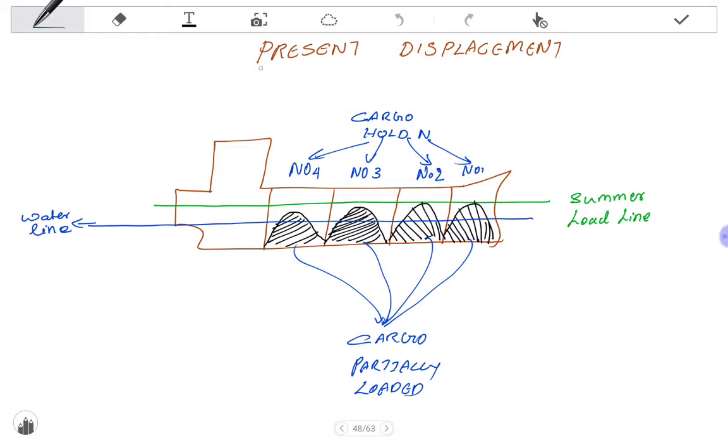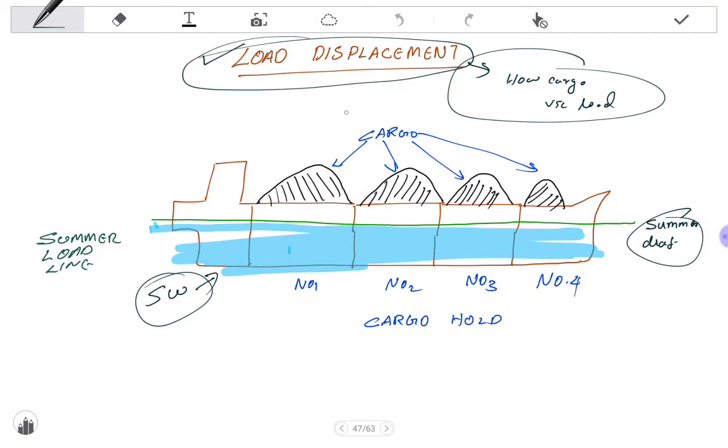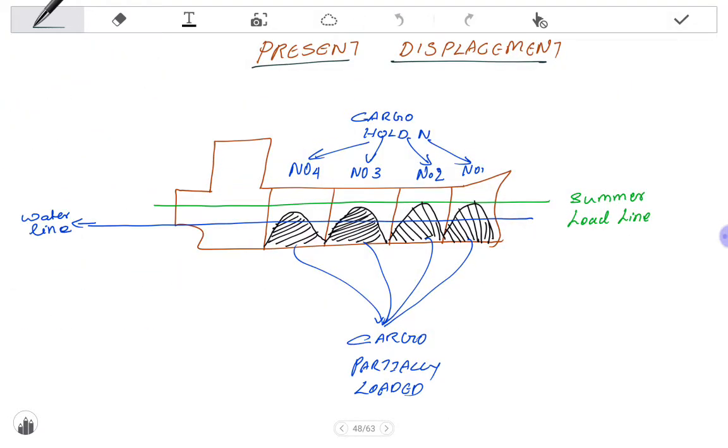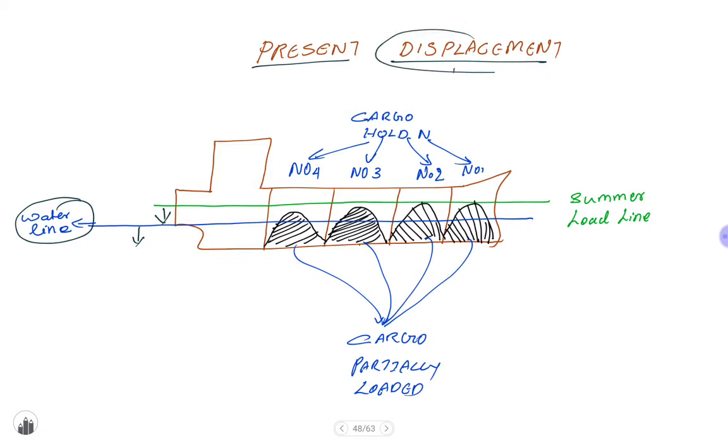Another thing is present displacement. The load displacement is the maximum weight of the ship when the vessel is floating at summer draft. Present displacement means the vessel right now is not floating at summer draft, but at a draft below the summer draft.